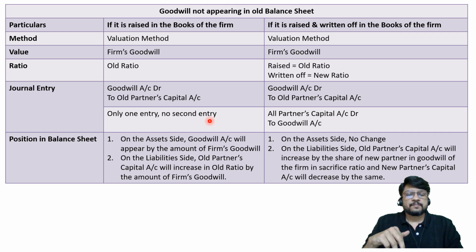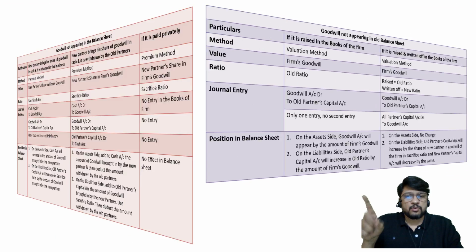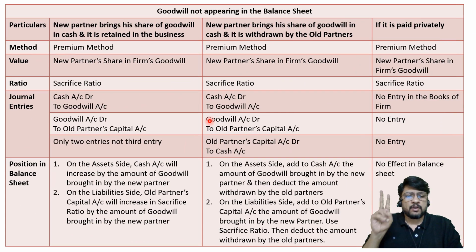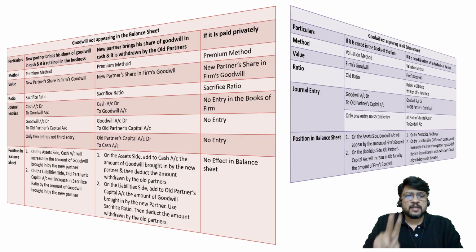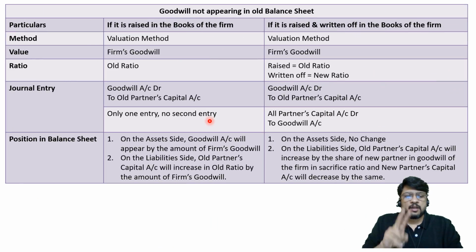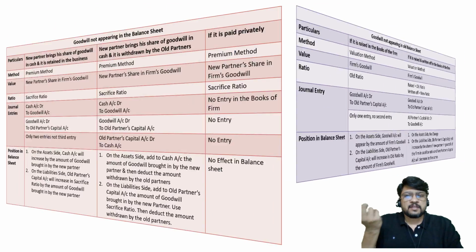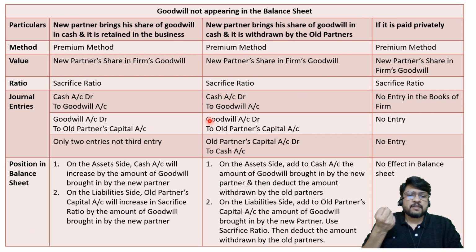In that case, there are two ways in which old partners can deal with this situation. In the previous case also, the problem balance sheet did not have goodwill. In the current case also, the problem balance sheet is not having goodwill. But in the previous case, the new partner had sufficient cash at his home, so he was ready to bring his share of goodwill in cash.